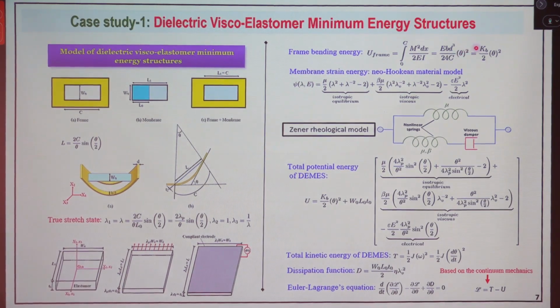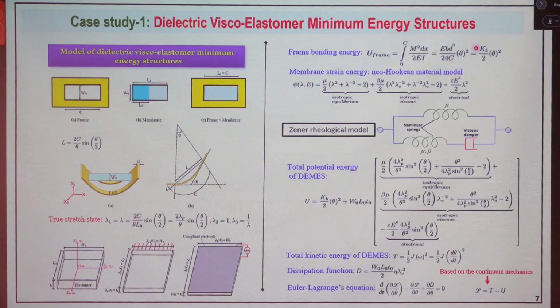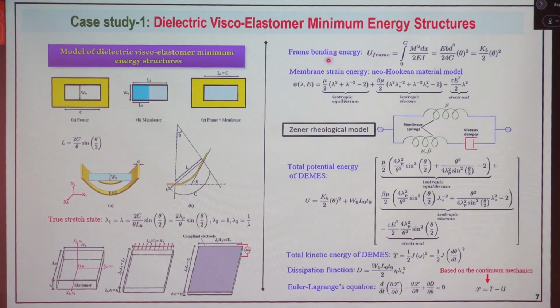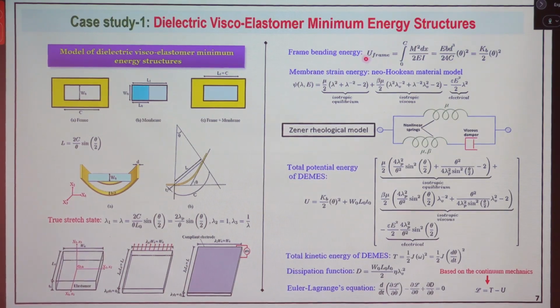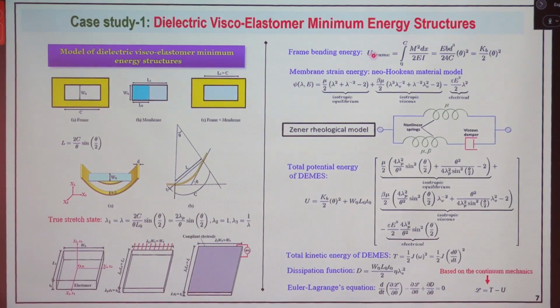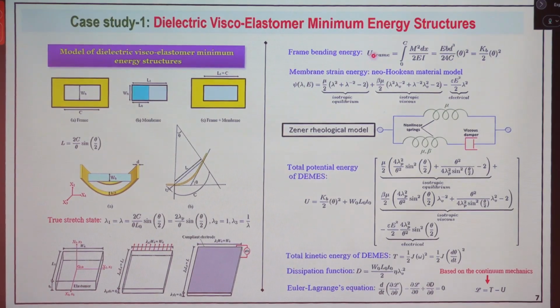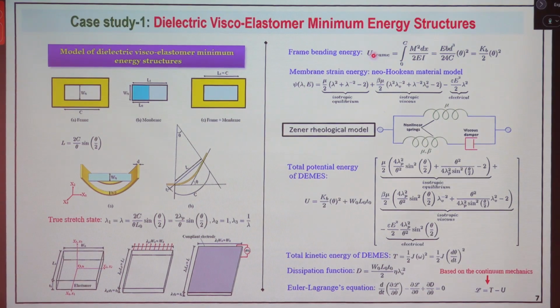What is kb here? Frame bending stiffness. Because we are talking about the frame bending energy, kb is the frame bending stiffness. So what is the function of the bending stiffness? It will try to resist the bending of the frame. The larger the value of the frame bending stiffness, the more resistance it will offer to the membrane against the bending. Getting my point?